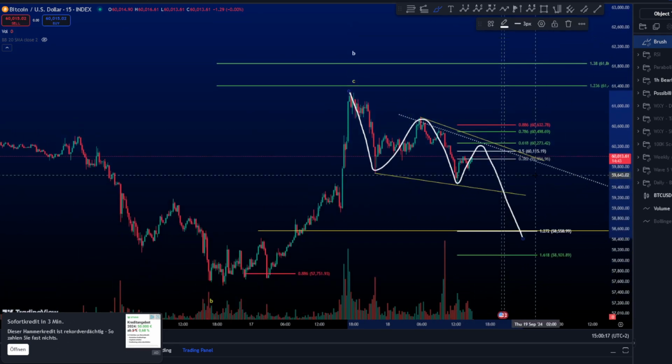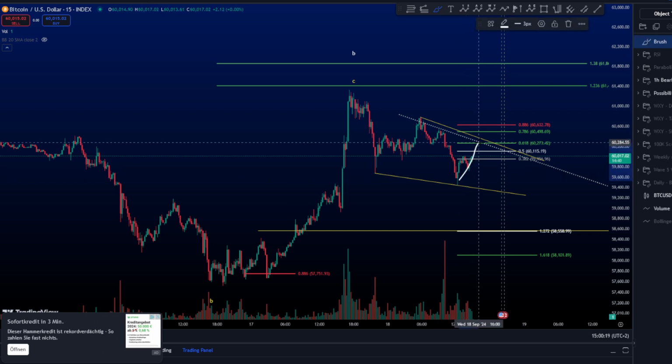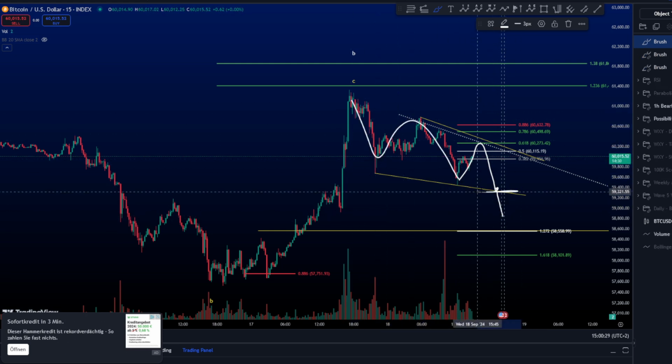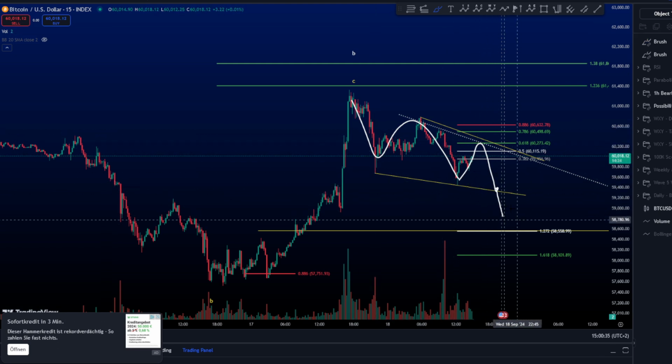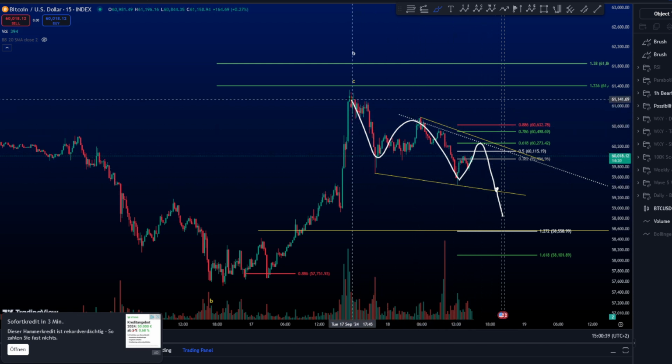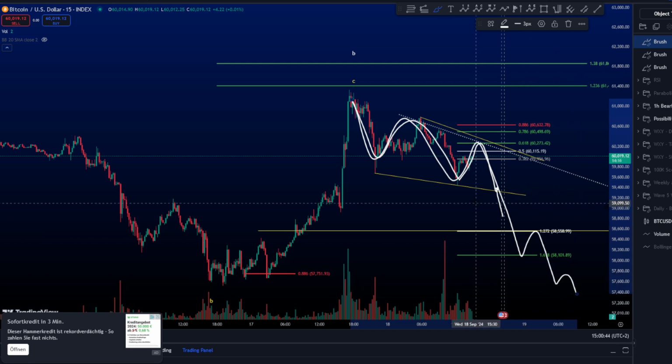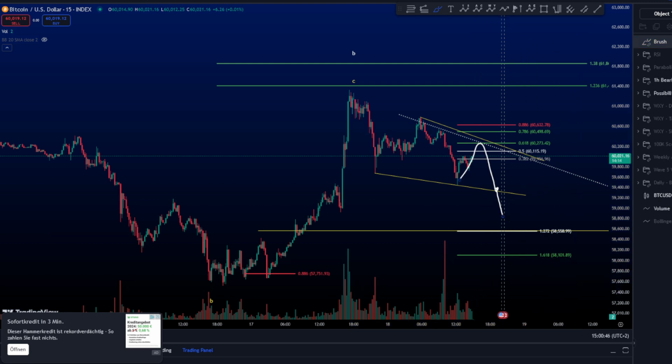So anyway, possibly we go first to a diagonal. If we see a wave 5 here, and we cross it down, then that means we are impulsive in double 1-2. This is your confirmation, of course, that we are in double 1-2. If we see a longer wave 5 than this wave 3, that means no, we are in 1-2, 1-2, 3, 4, 5, 4, 5. Okay, so these are the scenarios.